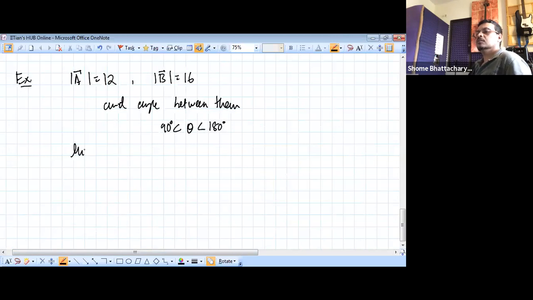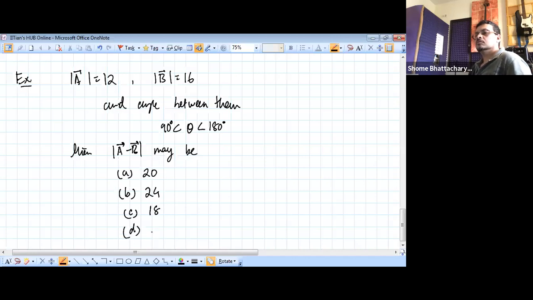Then A minus B may be, which of these is possible? Maybe which of these?